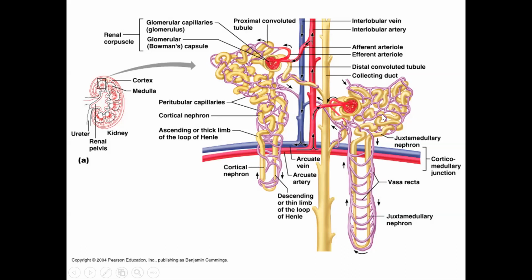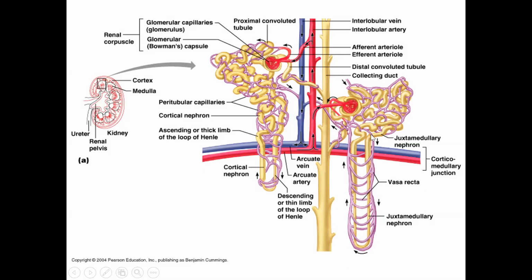Okay, so let's look at this side of the nephron. Again, the glomerulars, Bowman's capsule, and then the PCT. See how convoluted that is?